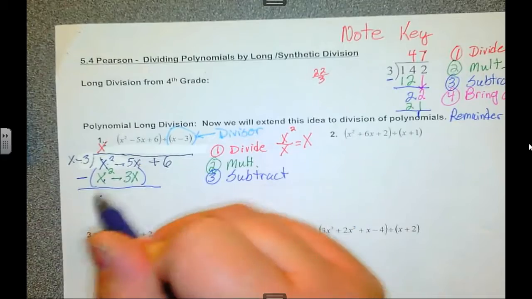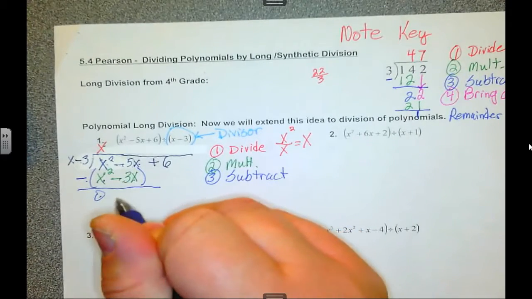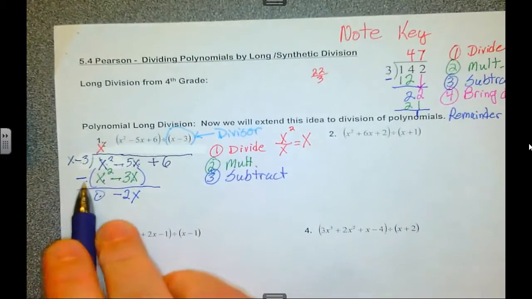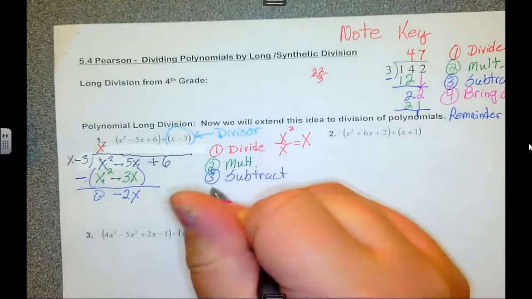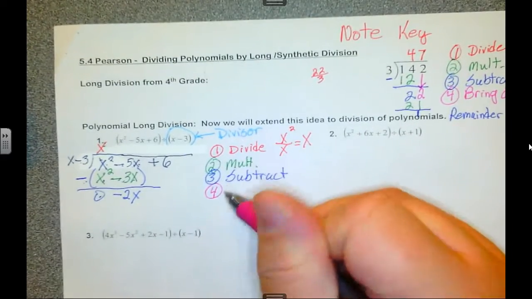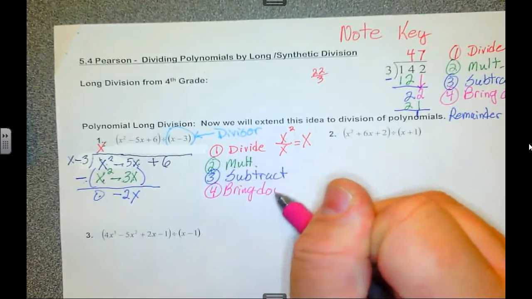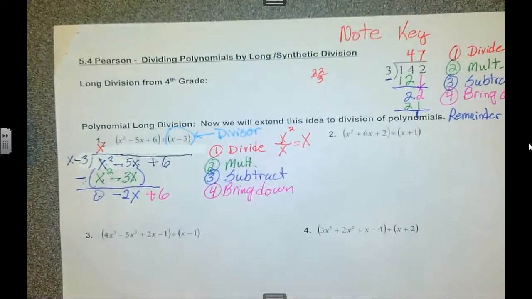Negative 5x minus a negative 3x is negative 2x, because you got a double negative here. Okay, step 4. Bring down the next number. Good. Start it all over again.